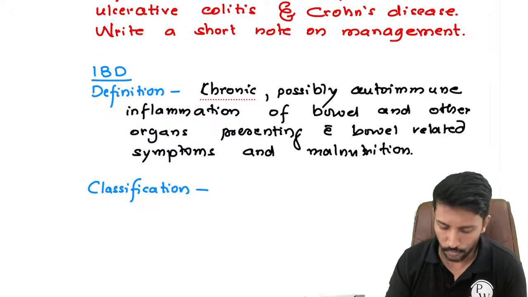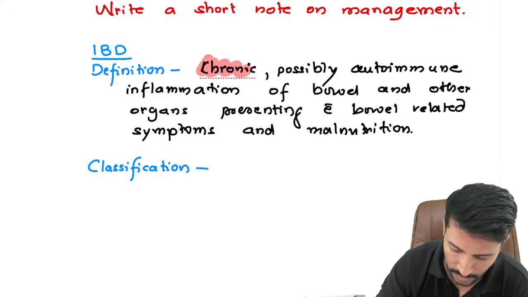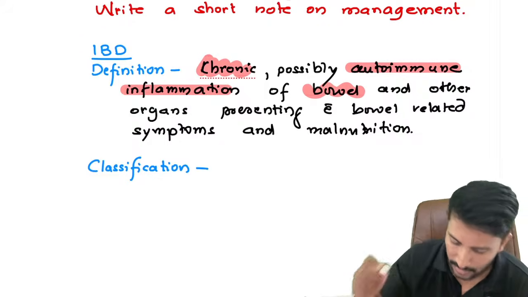This is a simple summary of what is inflammatory bowel disease. What points you should cover? Chronicity, right? Possibility of an autoimmune nature, inflammation, and bowel.